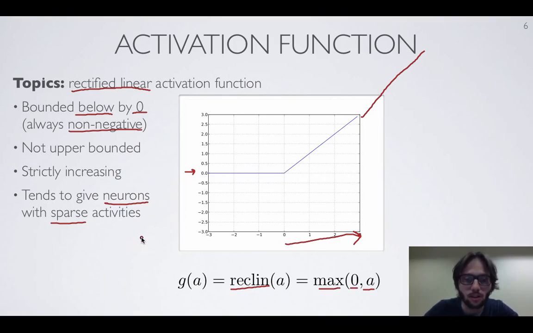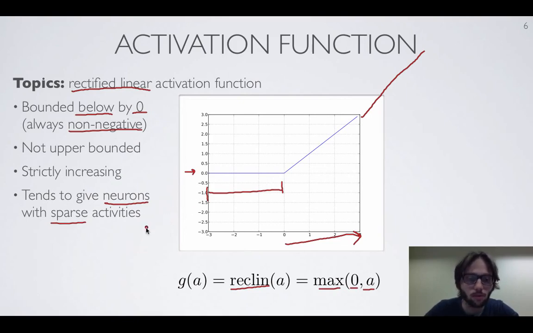The sigmoid or the tanh need to have pre-activations that are exactly a particular value. So in the sigmoid case, to get zero, it needs to be minus infinity, so it doesn't really happen. And for the tanh to be equal to zero, the pre-activation needs to be exactly zero. In this case, there's this whole range of pre-activations which will output exactly zero.